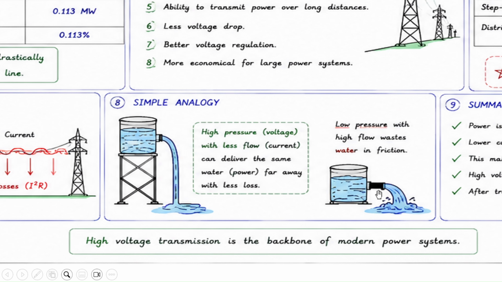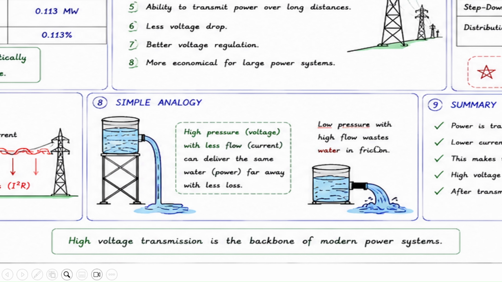Whereas here, if we use a bigger outlet, the water will just gush out, it will not go far away, and it will cause a higher friction, and that higher friction can be compared to a higher current. And as we've discussed, a higher current will lead to higher power losses. So we can compare a power system with this analogy in some form.